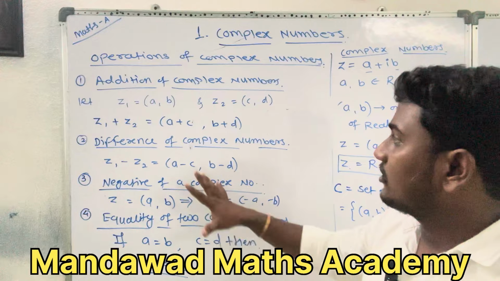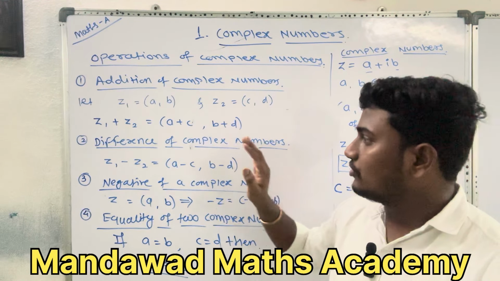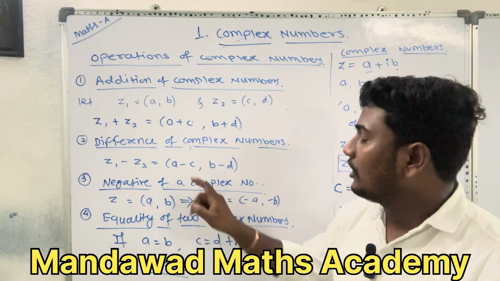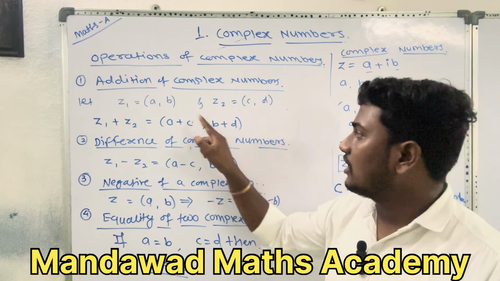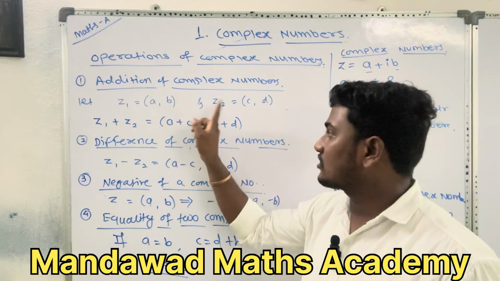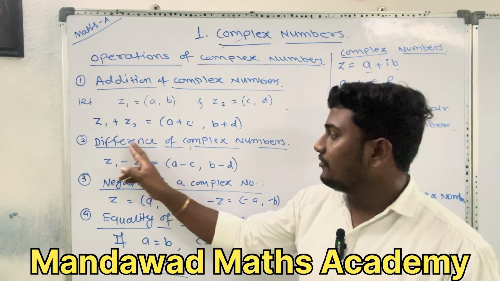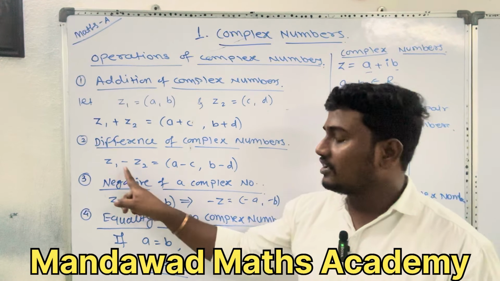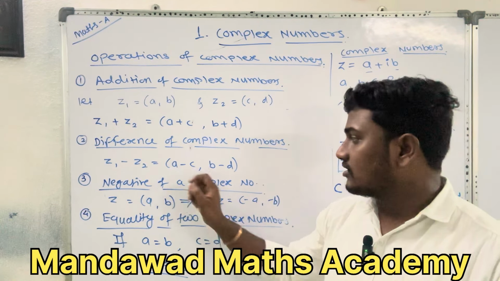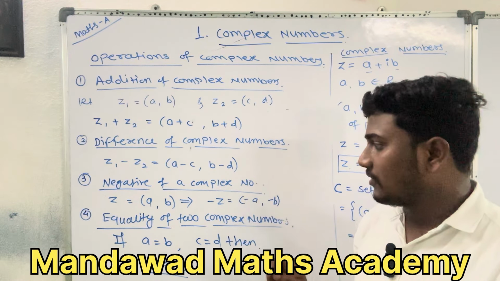Once again, addition: Z1 plus Z2 is (a plus c, b plus d), first component plus first component, second component plus second component. The difference Z1 minus Z2 is (a minus c, b minus d).